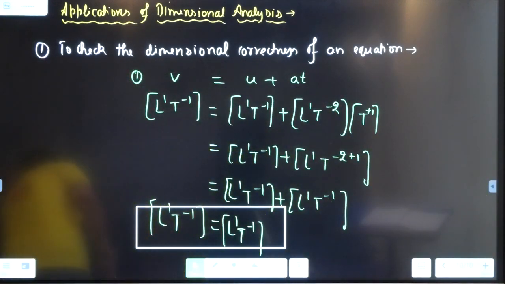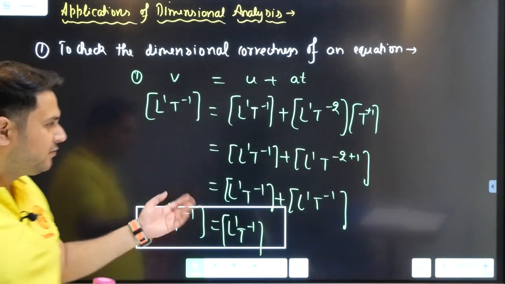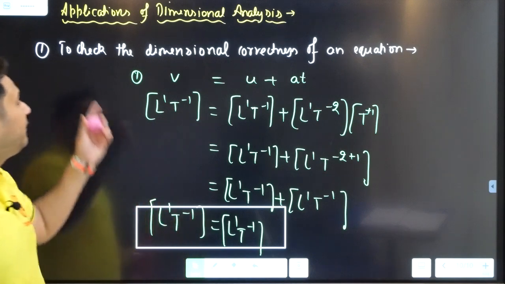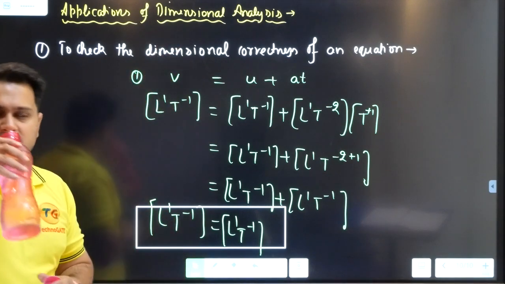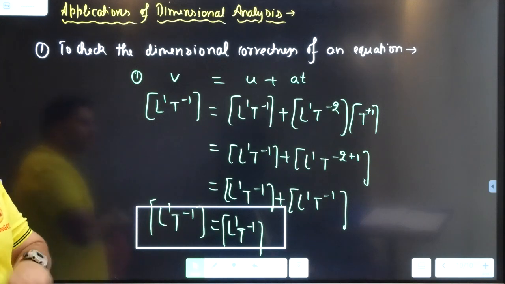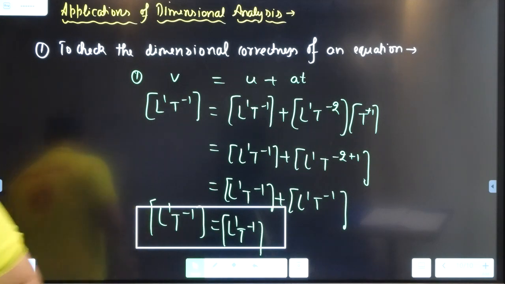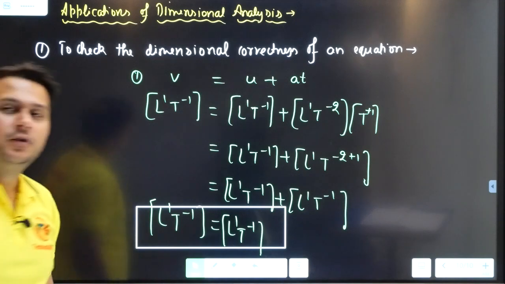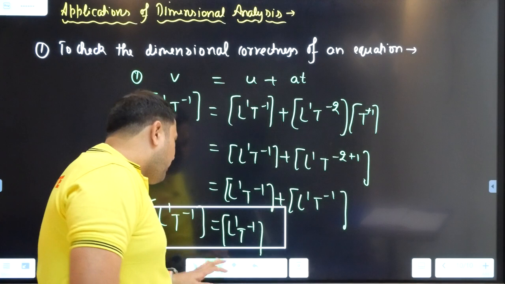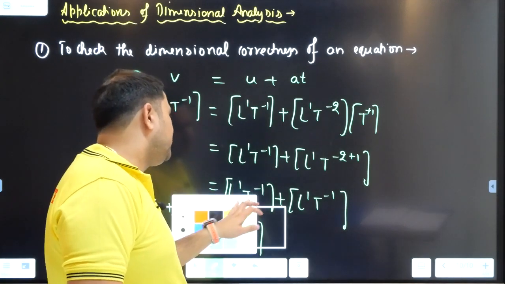Now you have become very smart. You can check the equations of motion. All right guys, so the first application of dimensional analysis is to check the dimensional correctness of an equation.